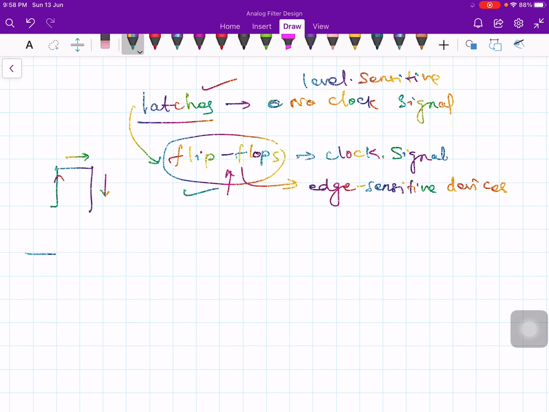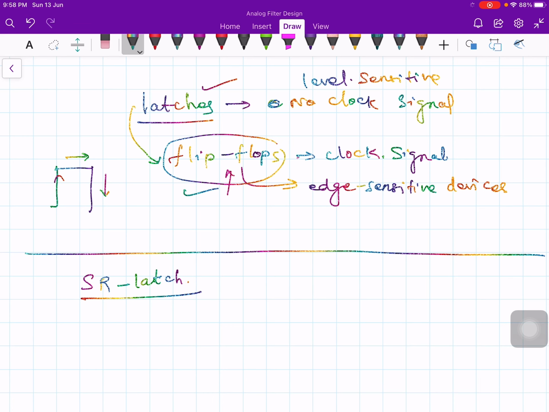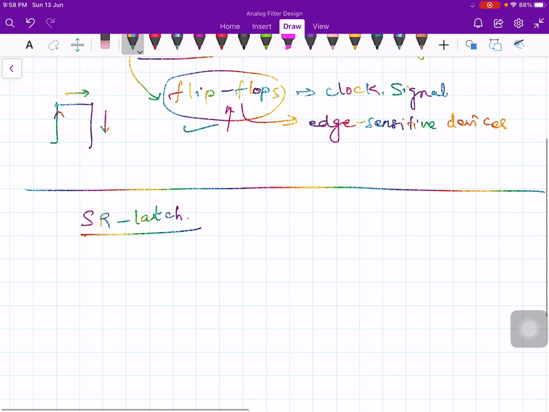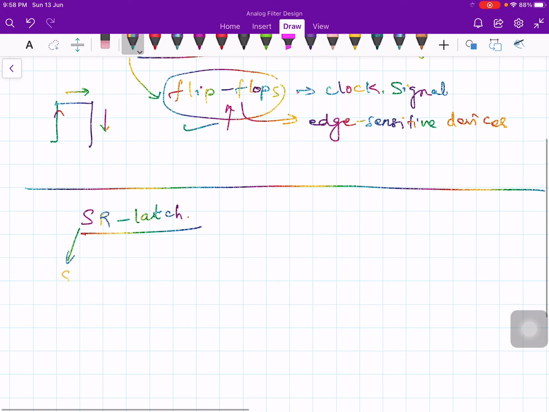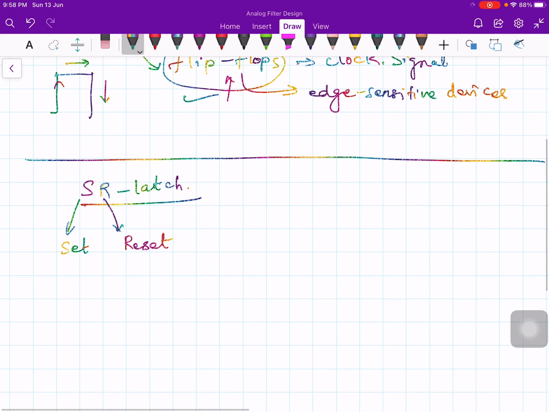Now let us move on to the SR latch. The meaning will be clear soon. Here S stands for set and R stands for reset. So this SR latch is a circuit with two cross coupled NOR gates.